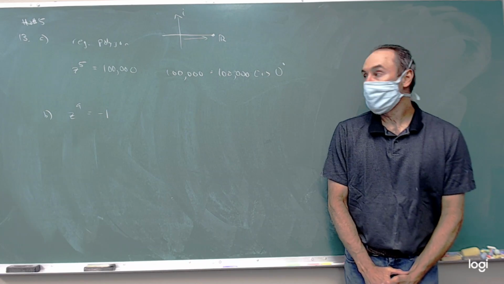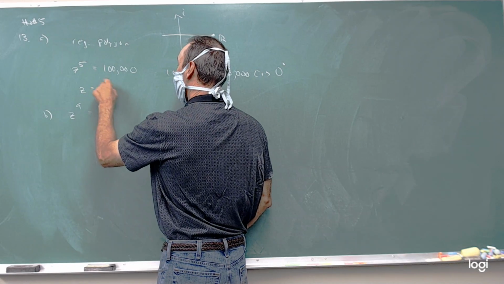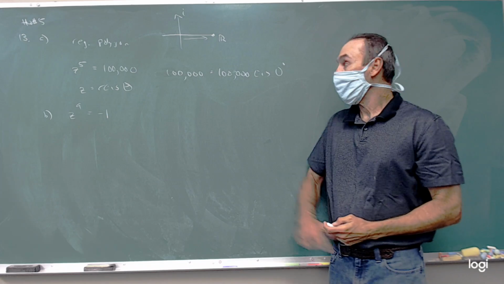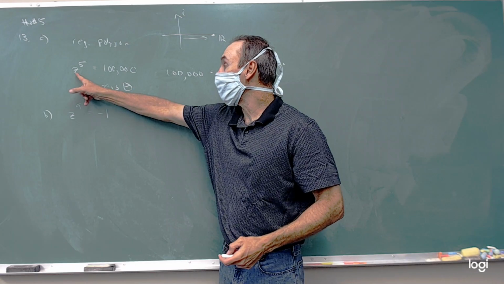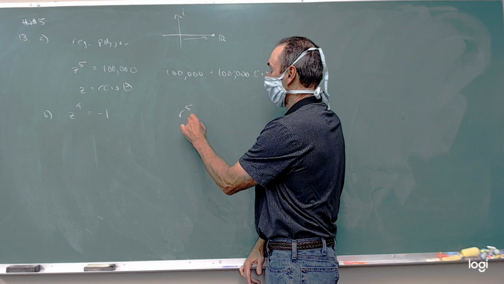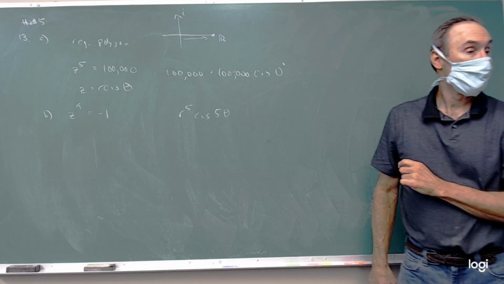So when we think of z in cis form as being r cis theta, where we don't know the r and we don't know the theta, and we plug it into z to the fifth, it becomes r to the fifth cis 5 theta. Is that okay?